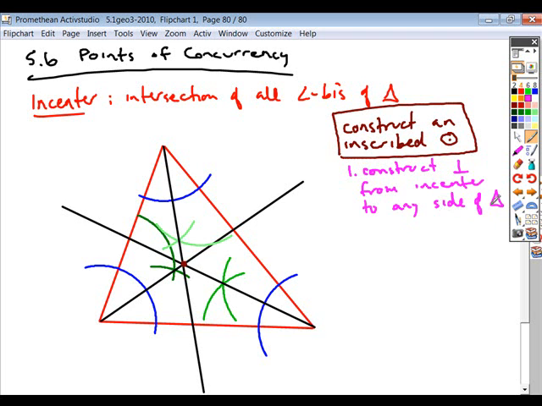If you recall from the methods on constructing a perpendicular through a point that's not on a line, the construction involves the following. You place your compass tip on your point that falls off of the line. You're then going to construct an arc that passes through that line in two places. From each of those points, you're then going to construct an arc.